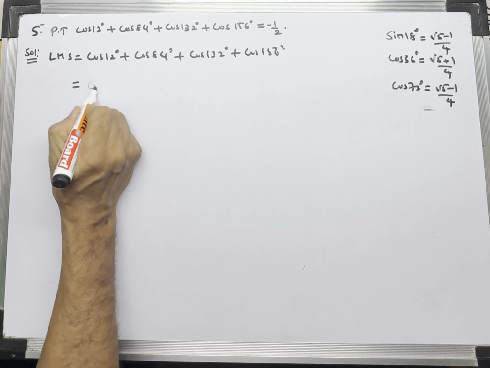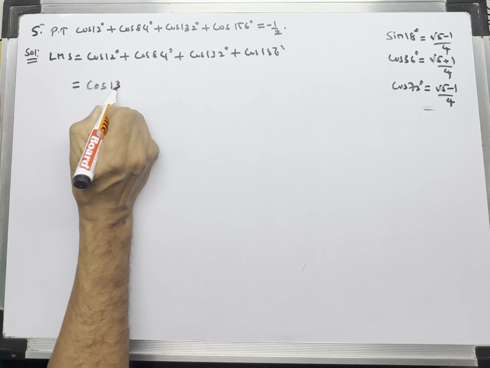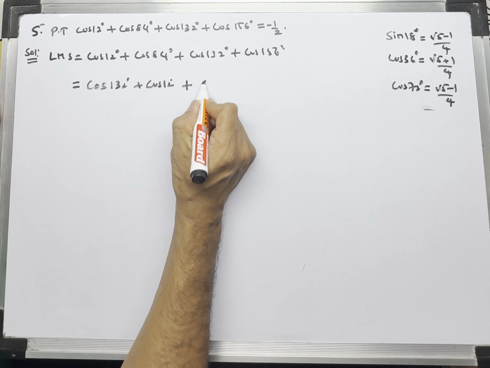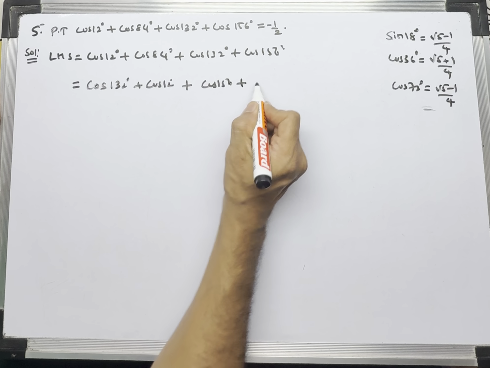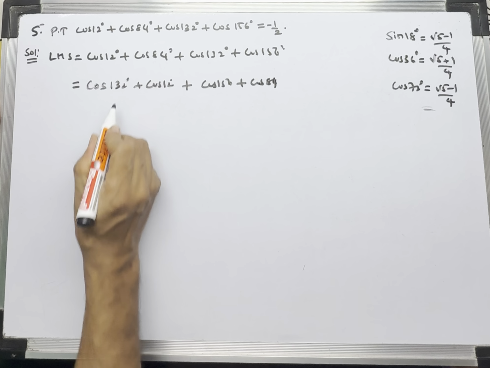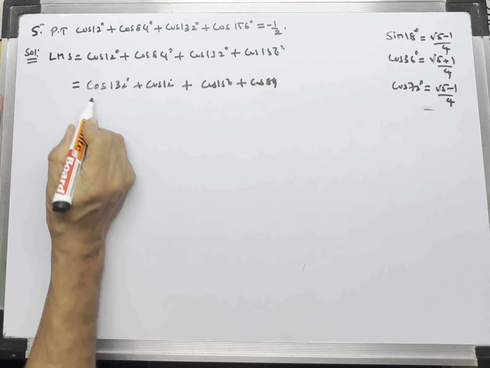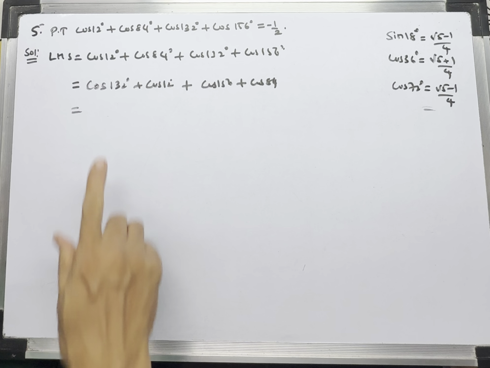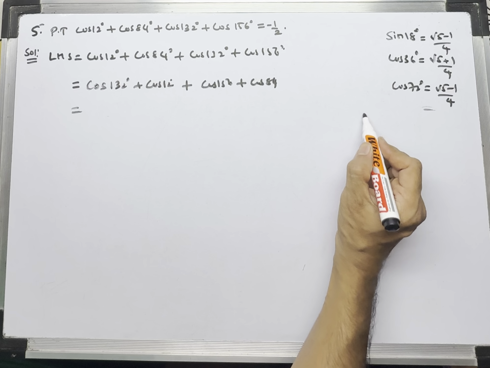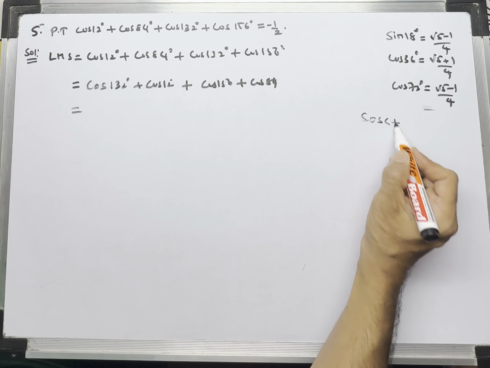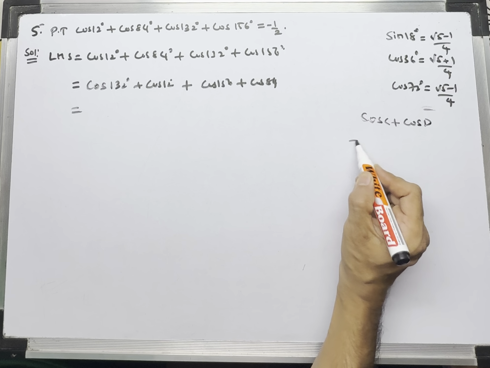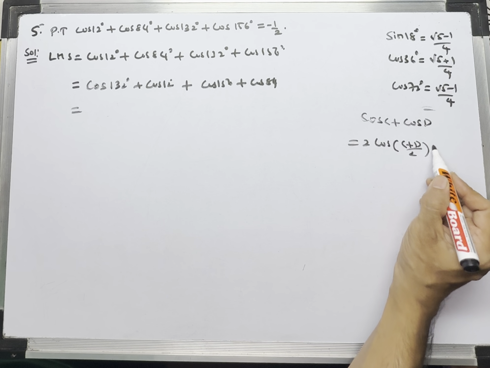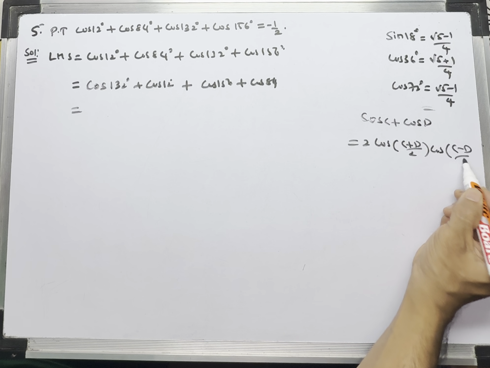We'll group the data accordingly. First we'll take cos 132 plus cos 12, then cos 156 plus cos 84. It is better to consider the big angle value first. Now, cos C plus cos D formula is 2 cos of C plus D by 2 into cos of C minus D by 2.